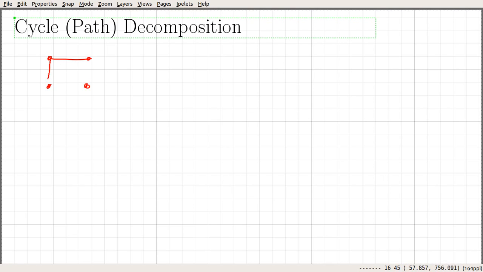So let's consider this graph. Let that graph be G1. In this case we can see that we could decompose this graph into only cycles, which will look something like this: a C4 and a C3. Suppose that these are our F1 and F2.